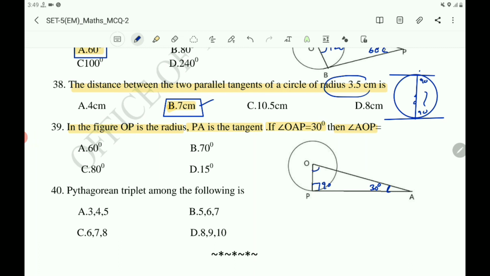The sum of three angles of the triangle is equal to 180 degree. It is already 90, so the sum of these two angles must be equal to 90 degree. One angle is 30 degree, so it is 90 minus 30, which is equal to 60 degree. So you take option A as the answer.